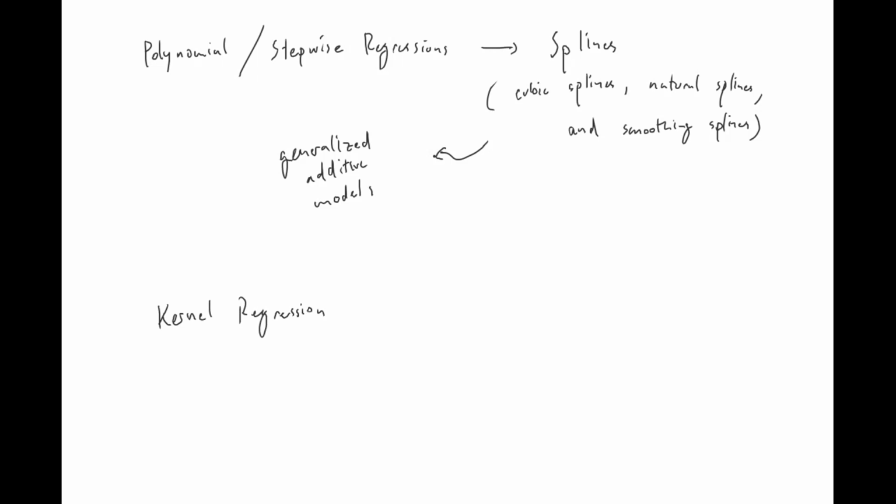So let me start a new screen here. So kernel regression. And what I'll do now is I'm going to write out the formula. So y hat is equal to, and this is going to look quite a bit different.